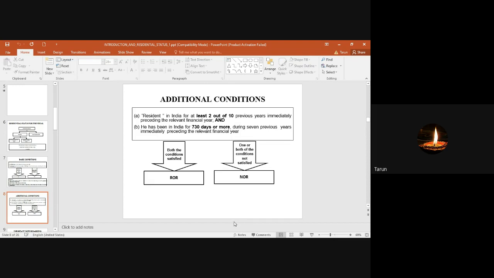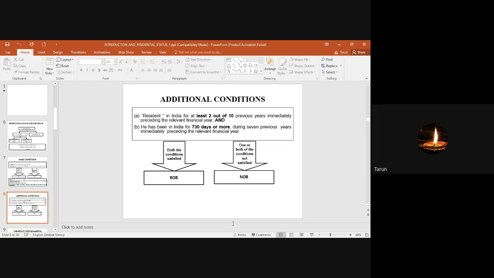For example, the financial year is 2023 to 2024. So what would be the two relevant preceding years? If I select the year 2023 to 24, what would be the two preceding relevant previous years?